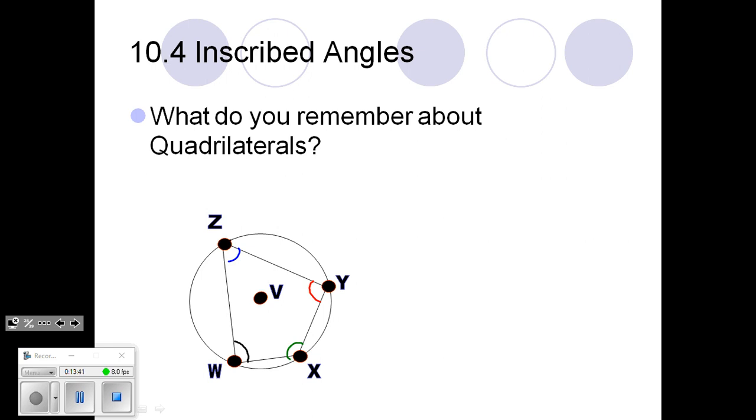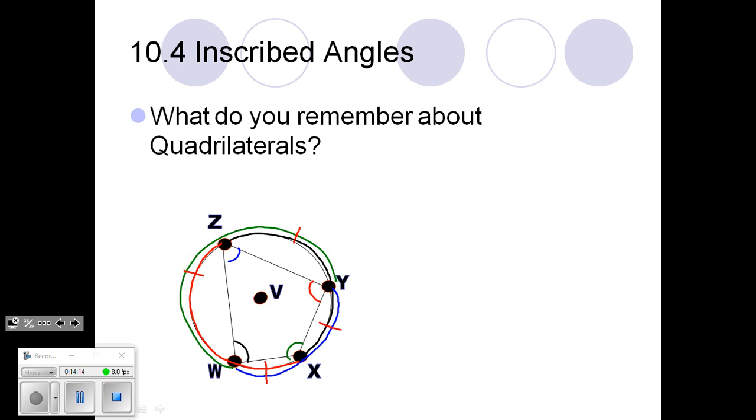But W's arc would go from here all the way to X. And Z would go from Y all the way to W. X would go from Y to W, and Y would go from Z to X. And anywhere you look around this, you'll see that there's two lines going around the circle.